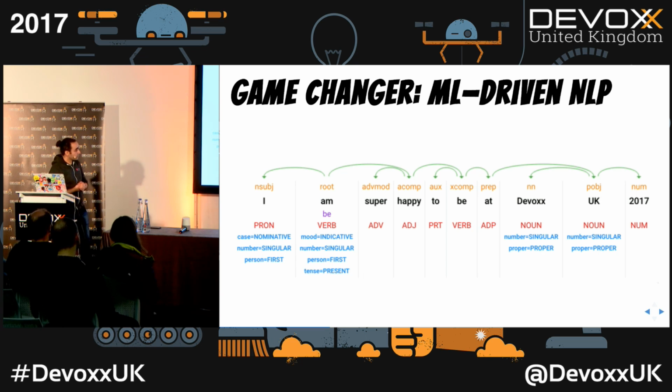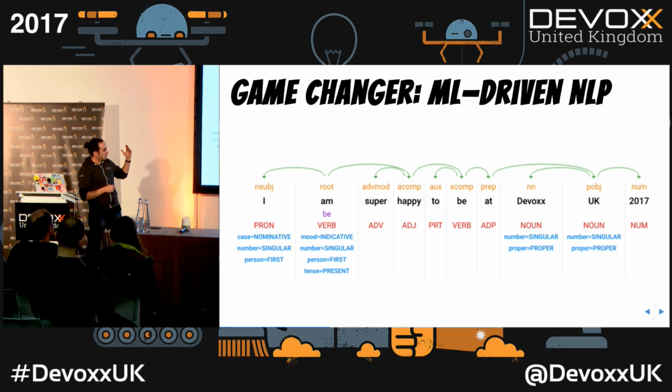Here we have an example using the Google NLP, Natural Language Processing API, where you can request the REST API to analyze your sentence and extract lots of different interesting information.